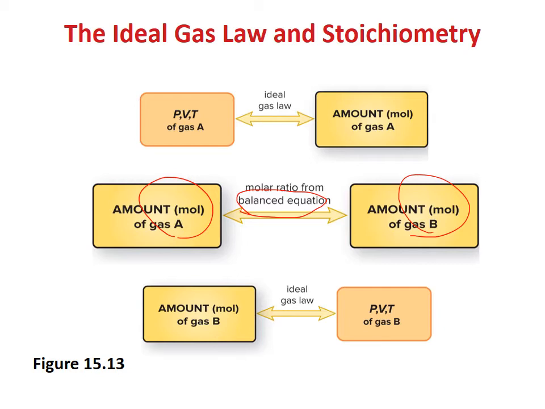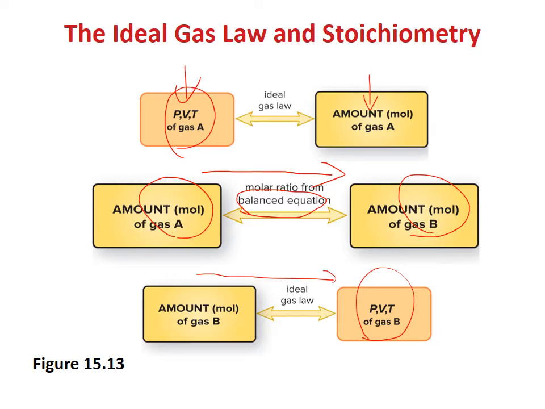So if reactants or products are gases, we can now use the ideal gas law to convert between the gas variables of pressure, volume, and temperature of A and the pressure, volume, and temperature of B. For example, if we know the pressure, volume, and temperature of A, we can use the ideal gas law to calculate the number of moles of A, and then use the stoichiometry to calculate the number of moles of B. And then from the number of moles of B, we can calculate the pressure or volume or temperature of B, depending on what condition we have.